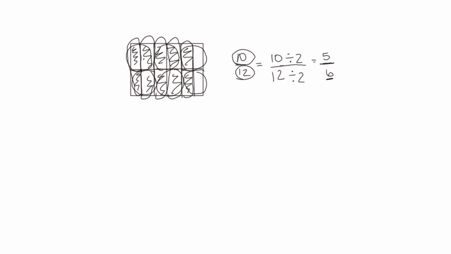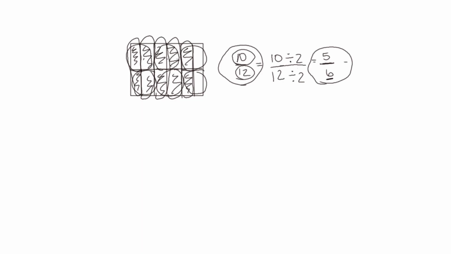So we've also grouped the 10 shaded units into groups of 2, and we see that we do have 1, 2, 3, 4, 5. So we can see from our area model that whether we shade 10/12 or whether we shade 5/6, we have an equivalent amount of space in the area model that's shaded in. So we can say that 10/12 and 5/6 are equivalent fractions.